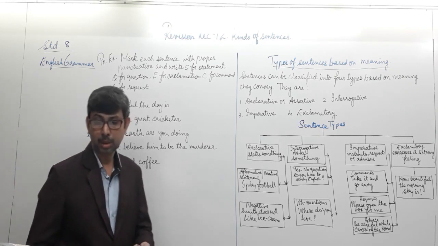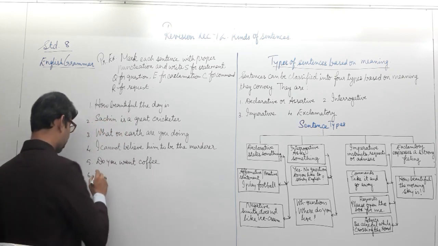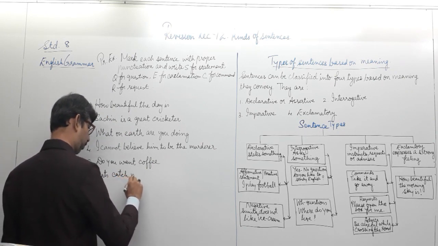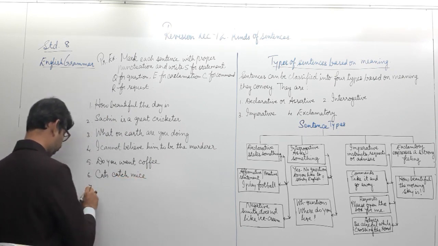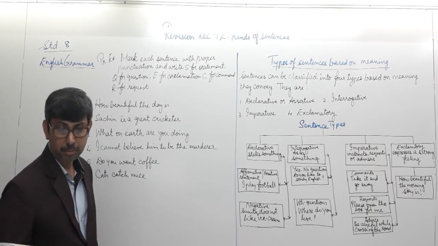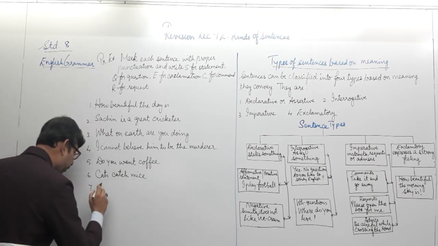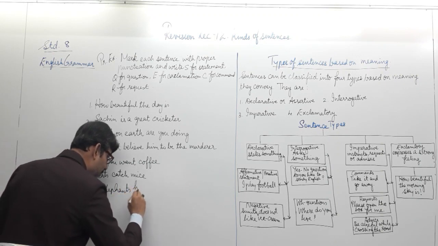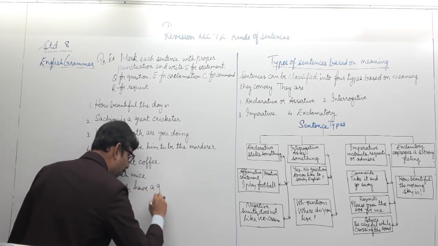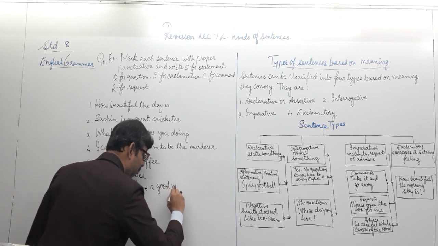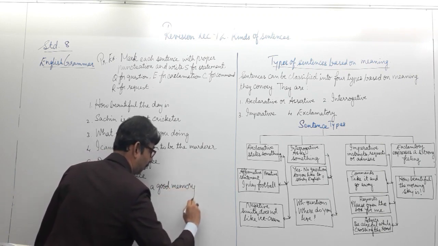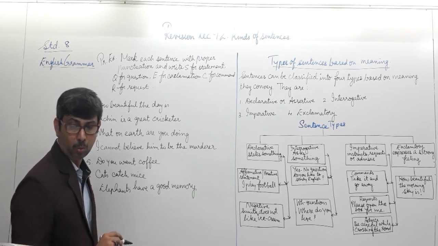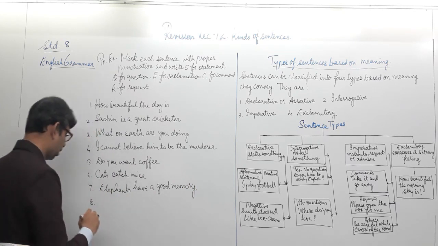Sixth one, cats catch mice. 7, elephants have a good memory. 8, what a beautiful view of the mountains.